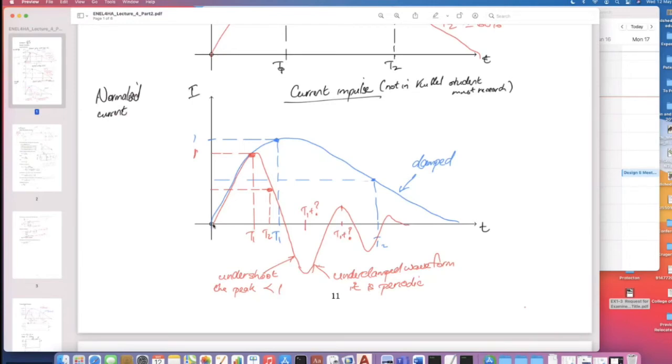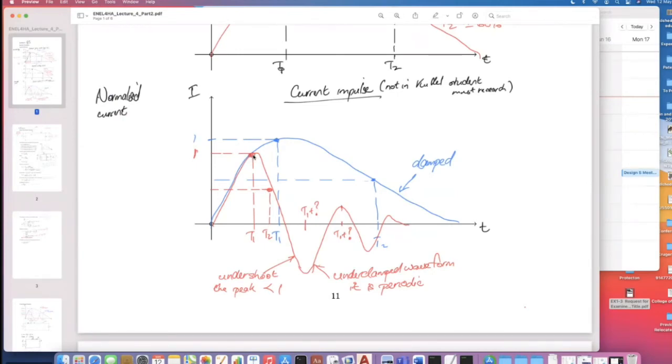We do have another type of waveform. If you look at the red, it's kind of a damped oscillating waveform. So it's an underdamped waveform. If it's oscillating, it's periodic. So there are multiple peaks, multiple minimum and maximum. The definitions, T1 and T2, refer to the first peak.